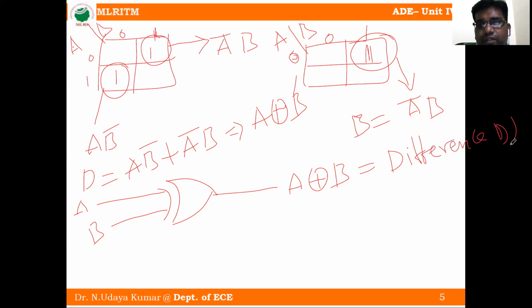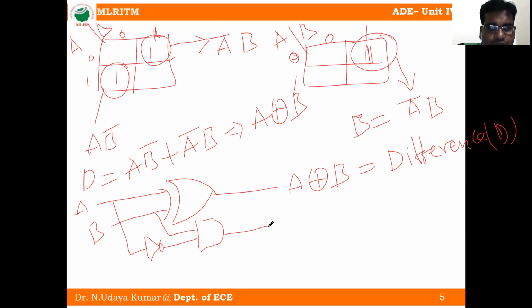Difference or D. Okay. Next term is borrow, so A bar B. A bar B means we are adding one NOT gate, and this one is B. So the A NOT gate gives A bar, and this is B. So the final result is A bar B, which is equal to borrow.